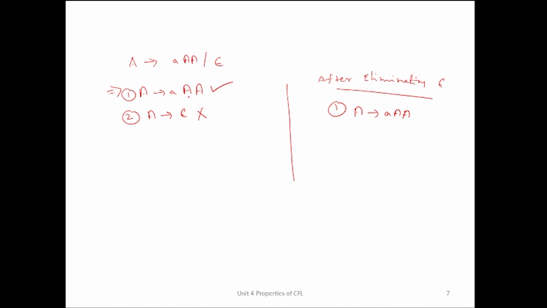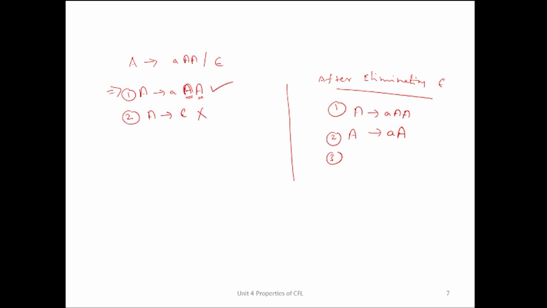First, I substitute the first A symbol as epsilon, so the notation is a A. Then I write the first A as it is and substitute the second A as epsilon, which gives the same production. If the same production occurs, you can write it once, as it is already written.